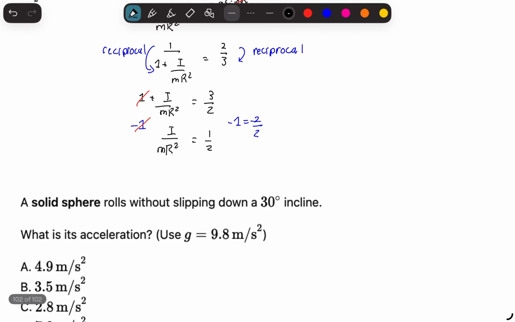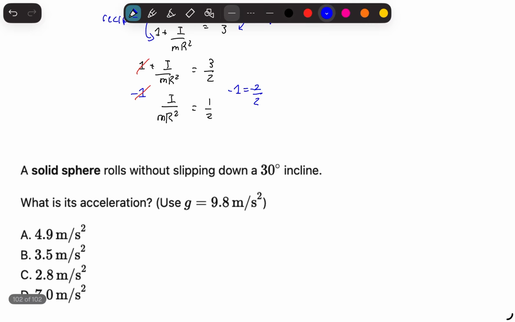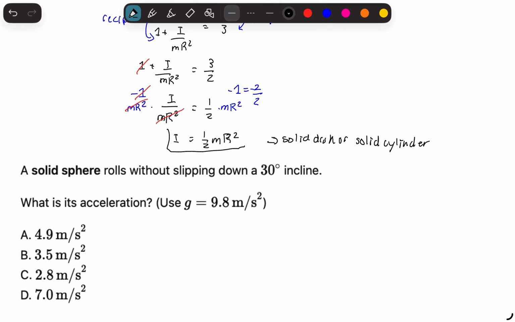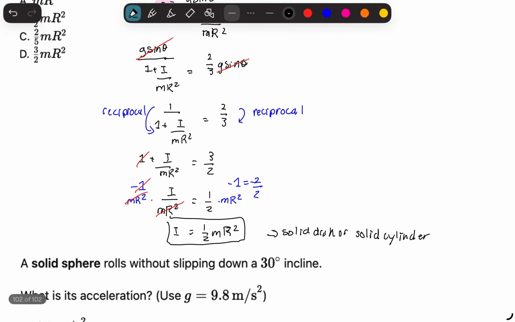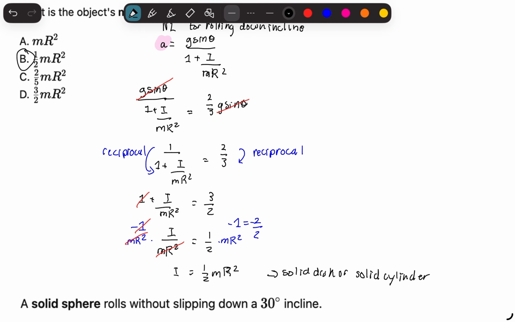And then after this, you can multiply both sides by mr squared. If you do that, then you get I alone is equal to 1/2 mr squared. So that means that you have a solid disk or solid cylinder based off of your moment of inertia. So your answer is B.